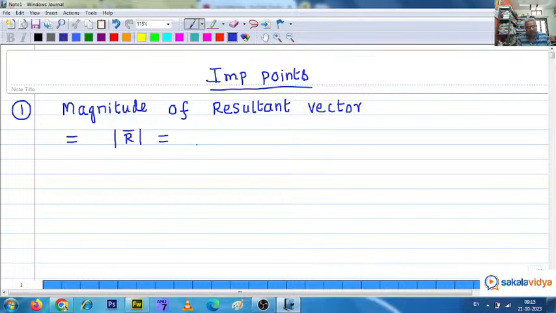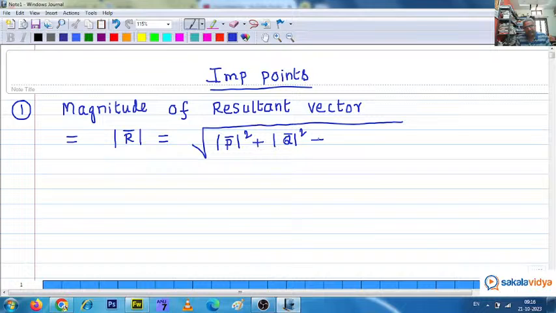That is equal to root over modulus of vector P whole square plus modulus of vector Q whole square plus 2 times modulus of vector P into modulus of vector Q and cos theta.